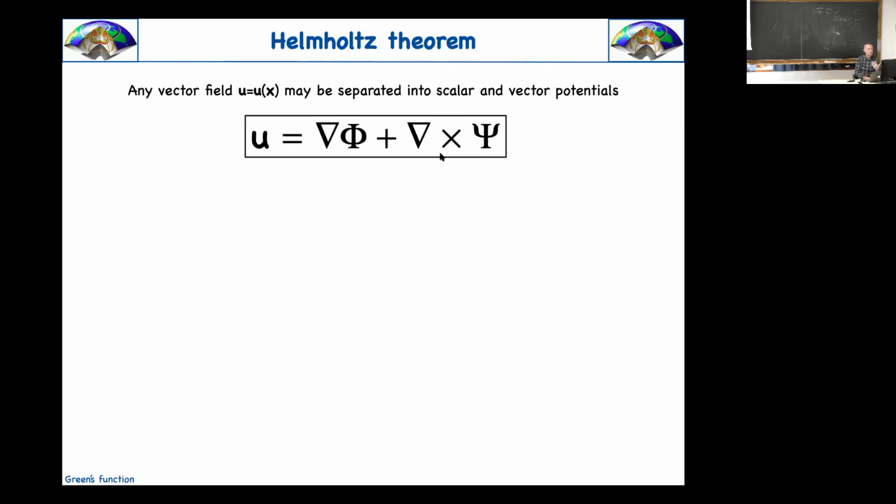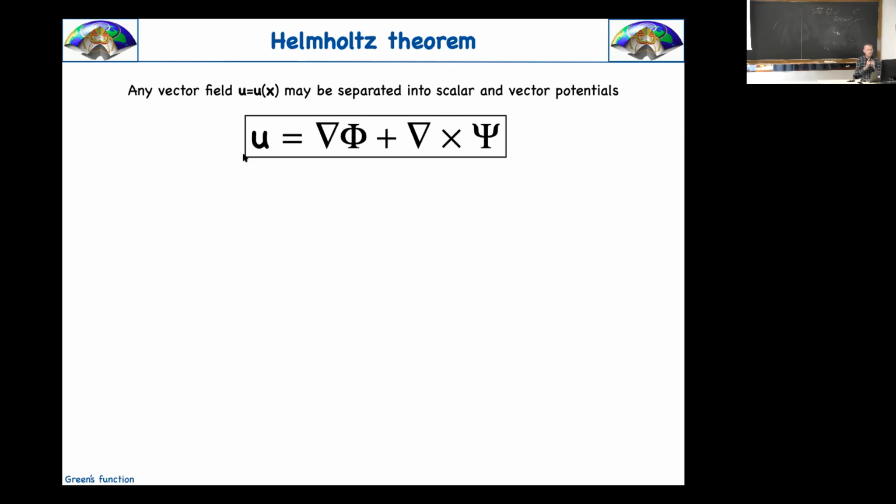So essentially what it is saying is that if you have a vector field, U, usually the displacement field, but whatever, you can always separate it with a unique representation. It's a sort of representation theorem in terms of the gradient of a scalar potential plus the curl of a vector potential.